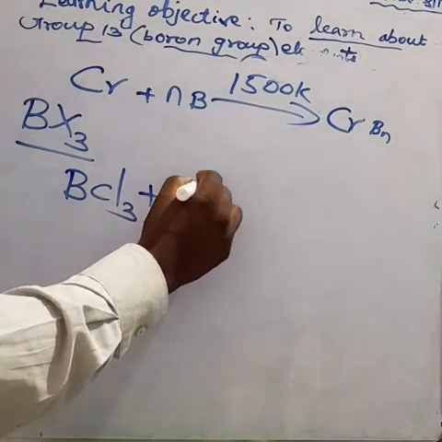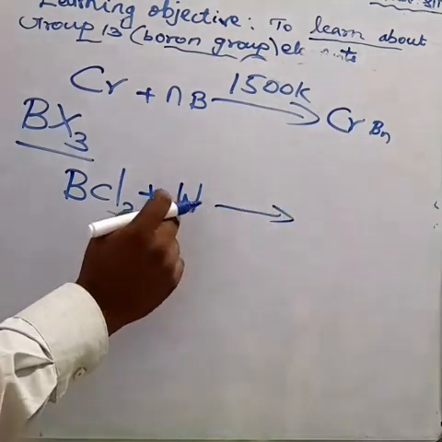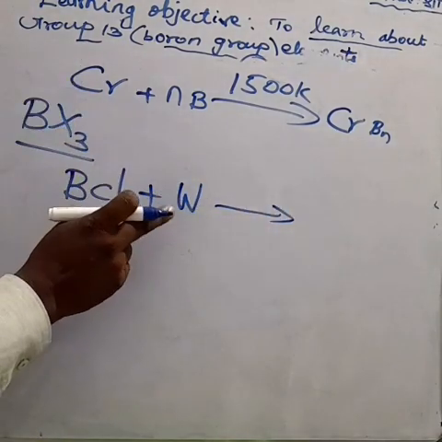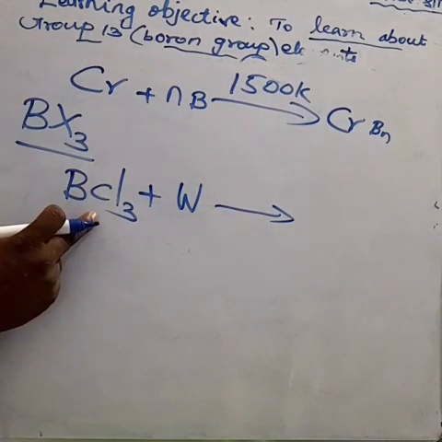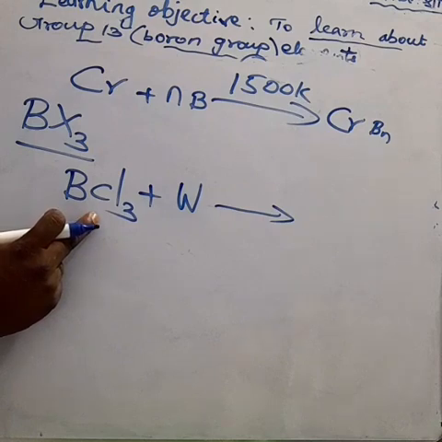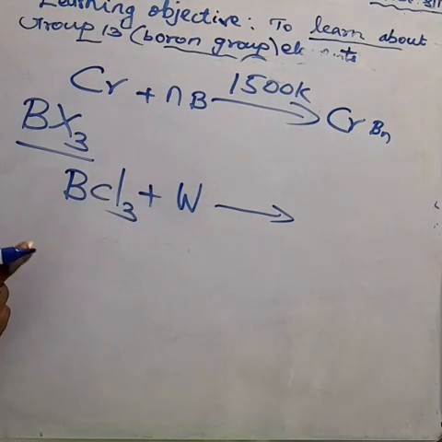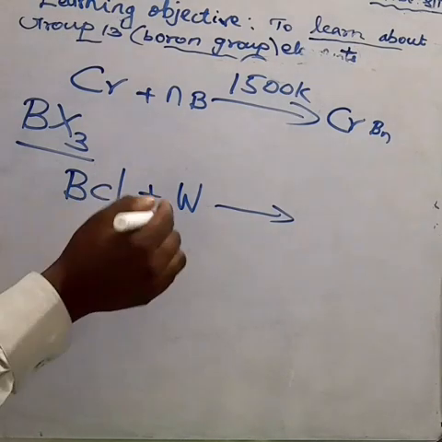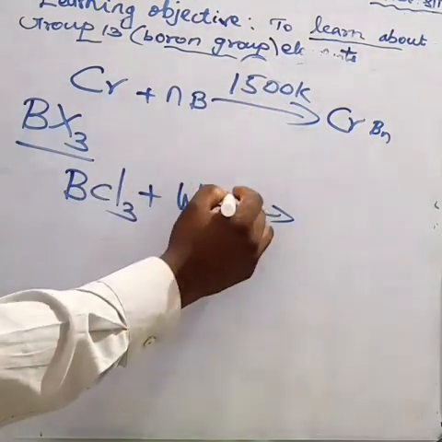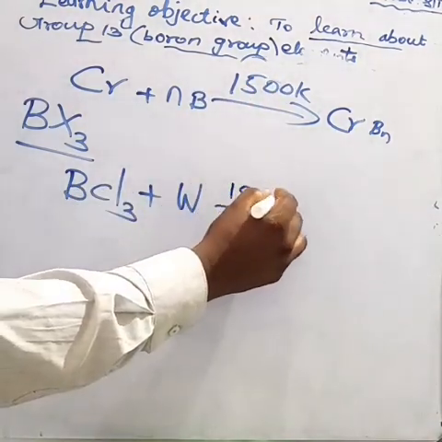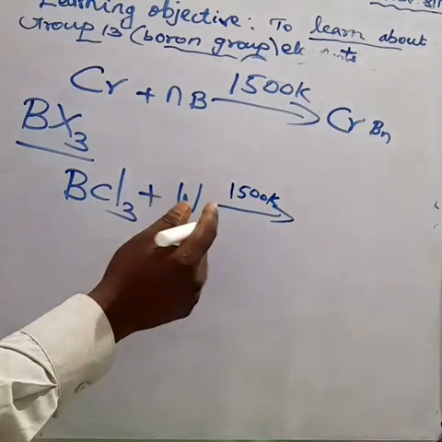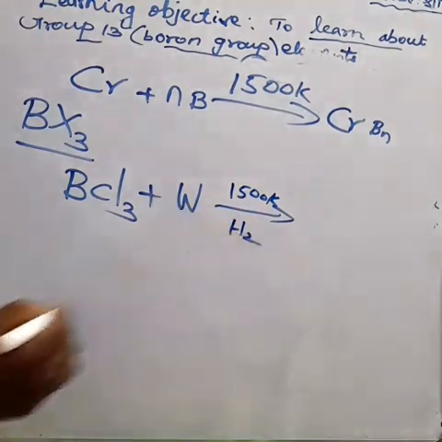What is the formula for boron trichloride? BCl3. Boron trichloride reacts with metal tungsten W, and the temperature we are using here is 1500 Kelvin, and for the reduction we are using hydrogen.